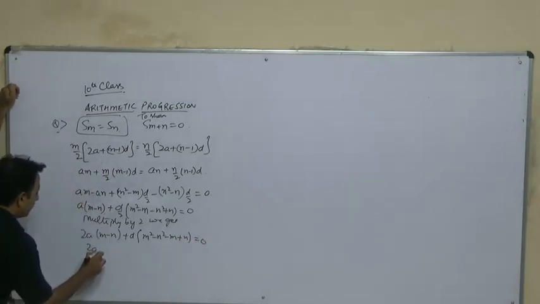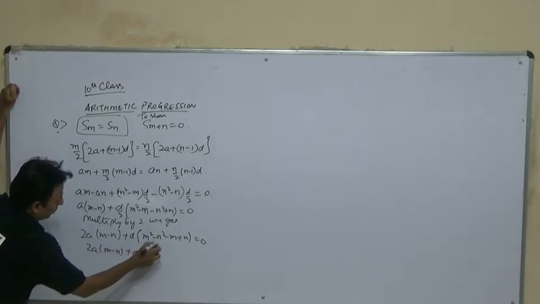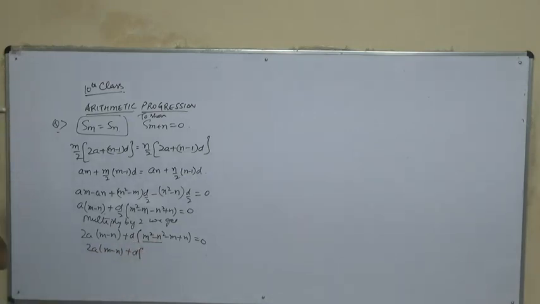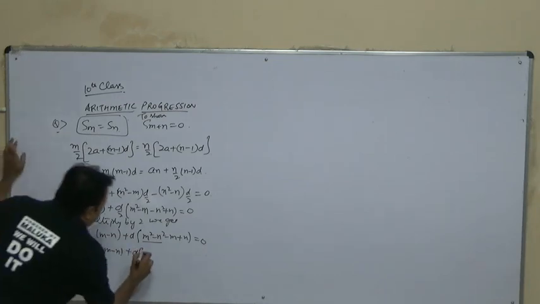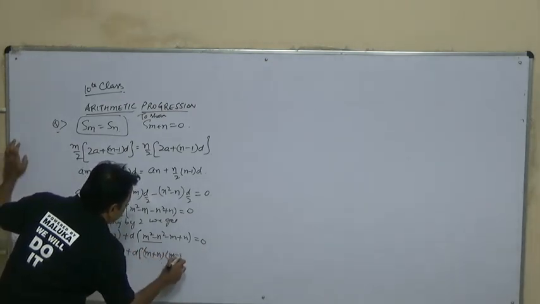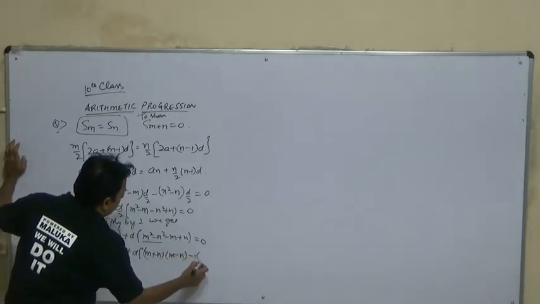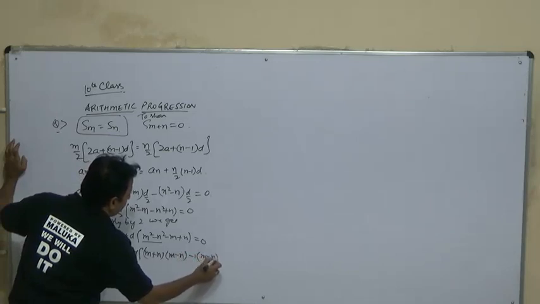So 2a (m minus n), now this is d. We factorize these two terms, m square minus n square can be written as (m minus n) into (m plus n). Take minus 1 common from here, this will be m minus n.